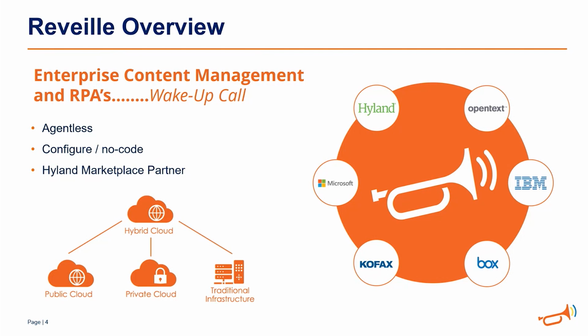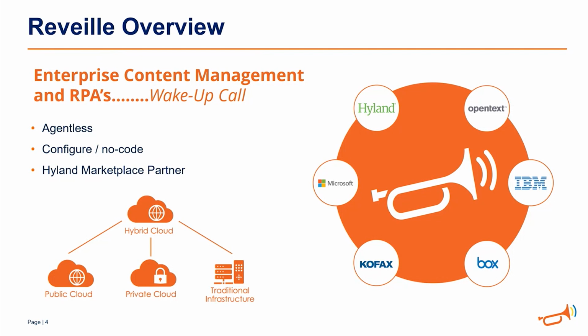As you'll see here, Reveille is a software company that focuses all of its energies on designing, developing, producing, and running monitoring solutions for this area called enterprise content management.